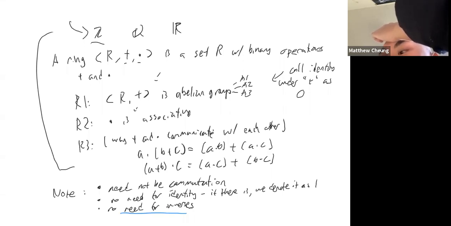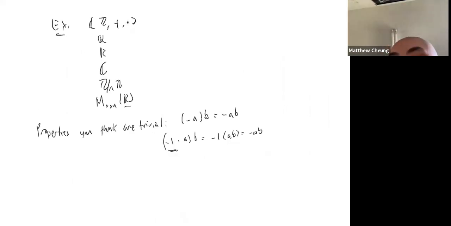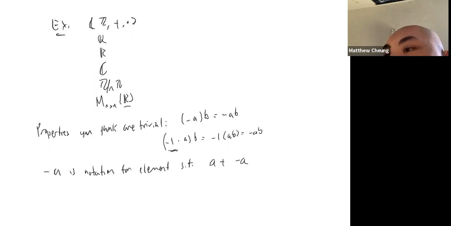Minus a is just notation for the element such that, because it's a group under plus, a plus minus a is the identity. So it's just the thing where if you add it to a, you get the identity.